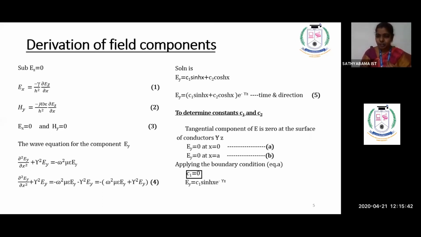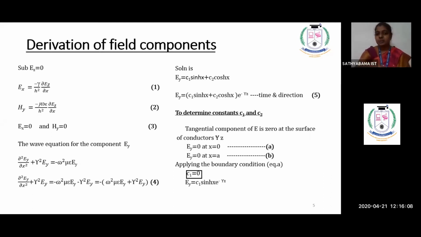It is called the propagation constant, and it is equal to a combination of your attenuation constant and your phase constant, that is alpha plus j beta. This is what everyone knows. Here, if I apply the definition, Ez becomes 0, so the right hand side becomes 0. The Ex component is equal to 0.